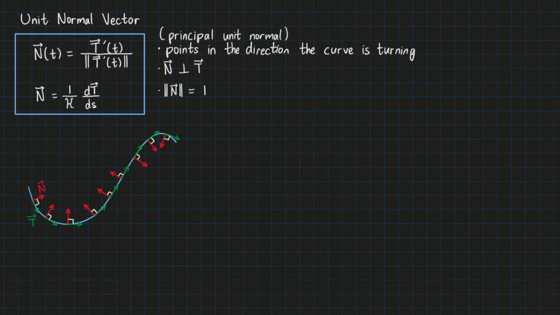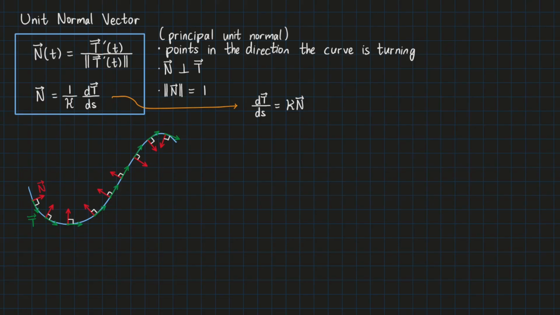Another way we could get N is if we have r of t and we reparameterized it into r of s, and we have unit tangent vector T in terms of s. If we take the derivative of this, we'll have T prime of s. This is what dT/ds is. So if you take the derivative of the unit tangent vector with respect to arc length s, and then you divide that by the curvature, then you'll have N as well. Let's rearrange this equation.